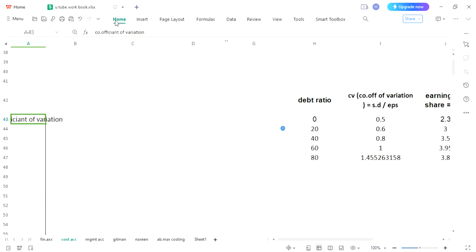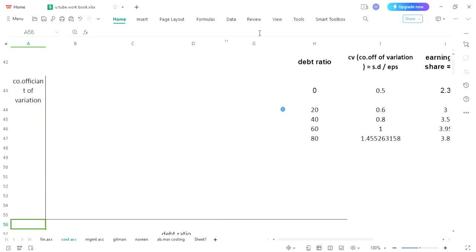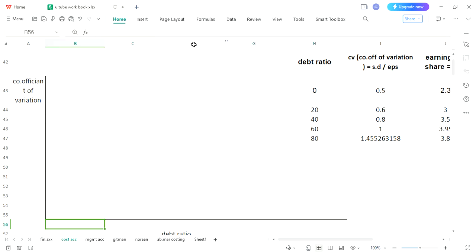Let's make it in a proper way. Okay, debt ratio is from 0 to 80. Here you can write 20, 40, 60 and 80. First point would be 20, 40, 60, 80, maximum requirement fulfilled.